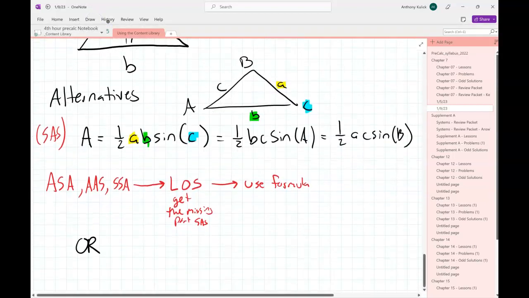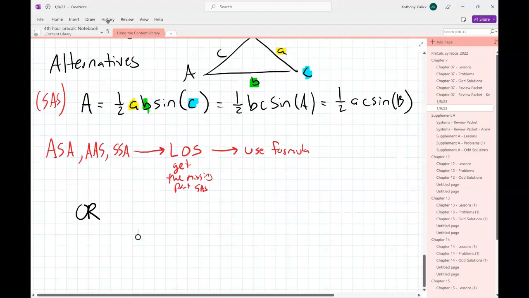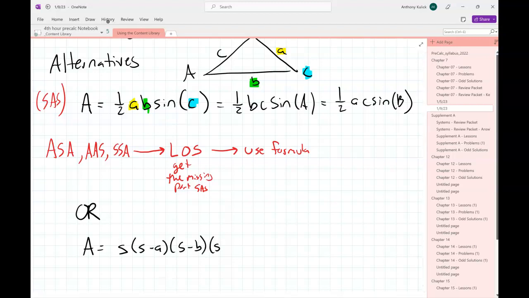Or there's another version. The other version is this area formula. We have S times S minus A times S minus B times S minus C, where S is just A plus B plus C all divided by 2.